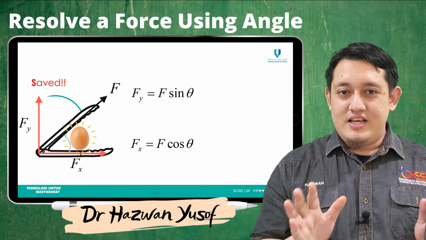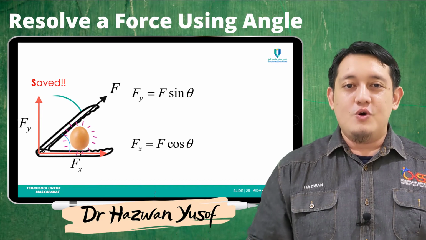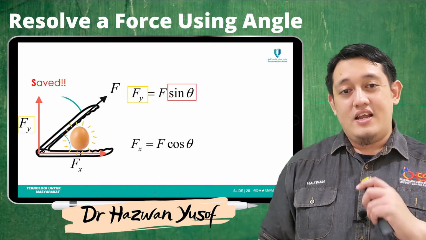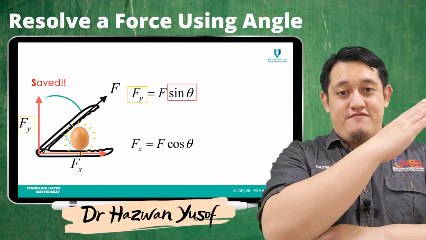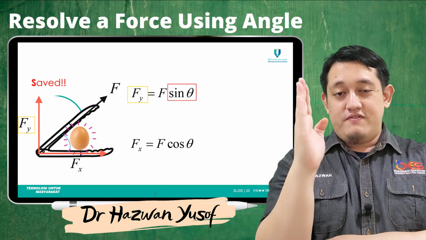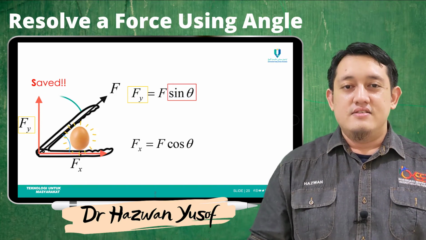I think you already get the picture. When we say it is safe, it starts with S, so it will be sine theta. So to calculate Fy, F moved to the y direction, the egg will be safe, so we use Fy equals F sine theta.